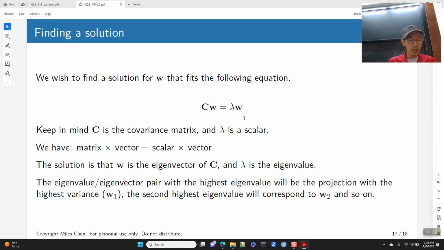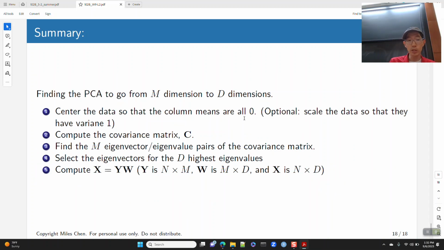The eigenvalue-eigenvector pair with the highest eigenvalue will result in the projection that produces the highest variance for W1. So that's going to be the solution there, okay?